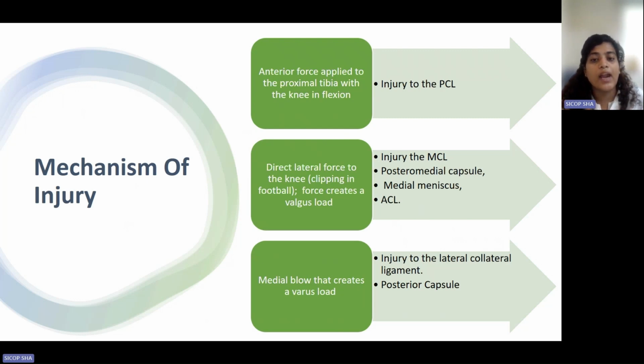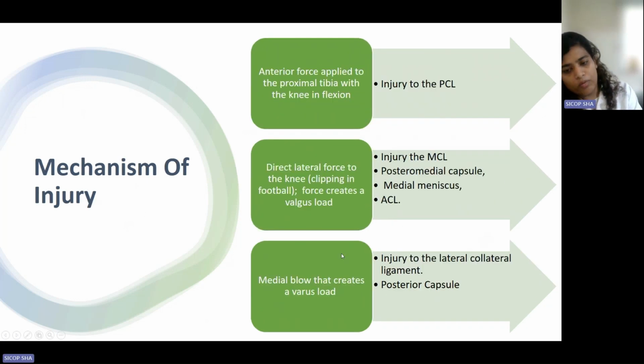Whereas if there is a direct lateral force to the knee, which we can see in football players, a force creating a valgus load, it points towards MCL, posteromedial capsule, then medial meniscus and ACL injury. When there is a medial blow that creates a varus force, it points towards lateral collateral ligament injury or posterior capsule injury.